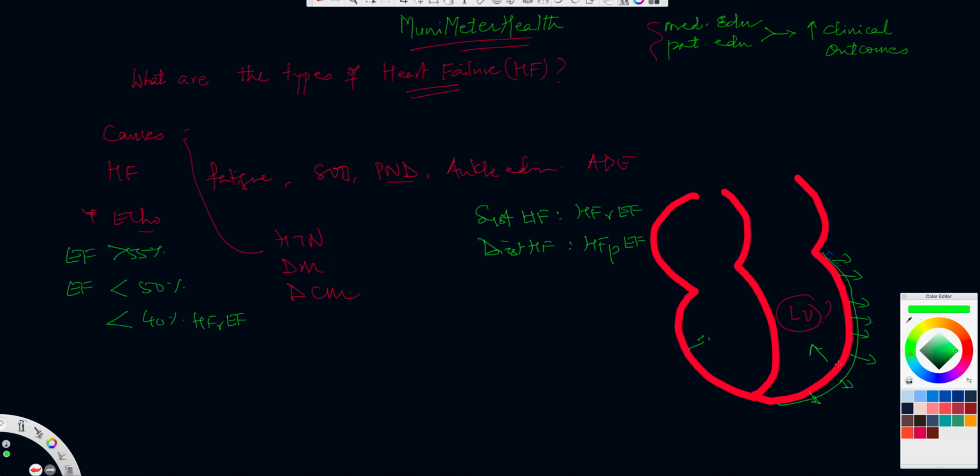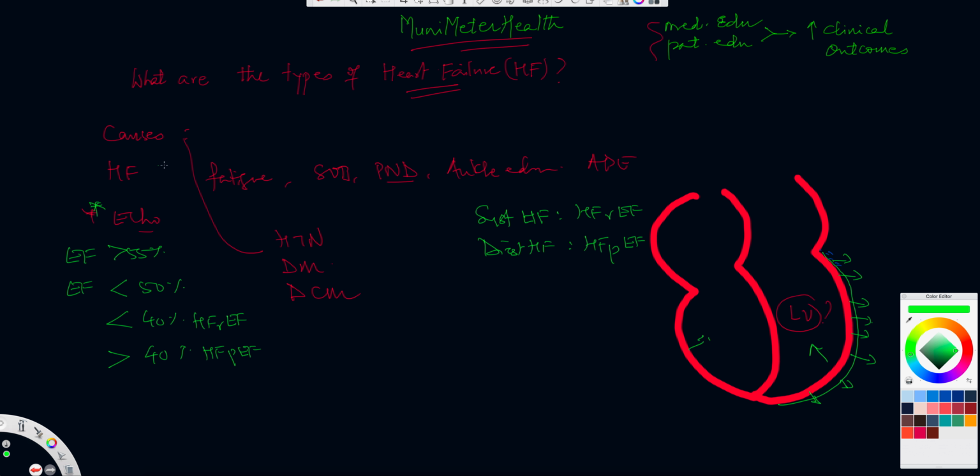Here the heart will not dilate initially, and there is a diastolic dysfunction which will be seen on echocardiographic criteria. There are different criteria, and we'll have a separate video for that. But just so that you know, the ejection fraction here is preserved. When it is more than 40, you have HFpEF; less than 40, you have HFrEF; and in between 40 and 50, you can have a borderline.